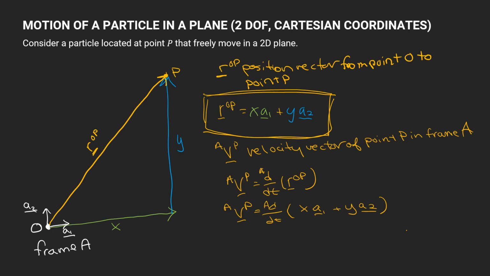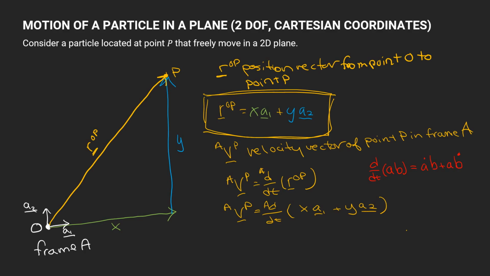Now, in order to calculate this derivative, it's worth remembering that when you take the derivative of a times b, this equals the derivative of a times b plus a times the derivative of b.